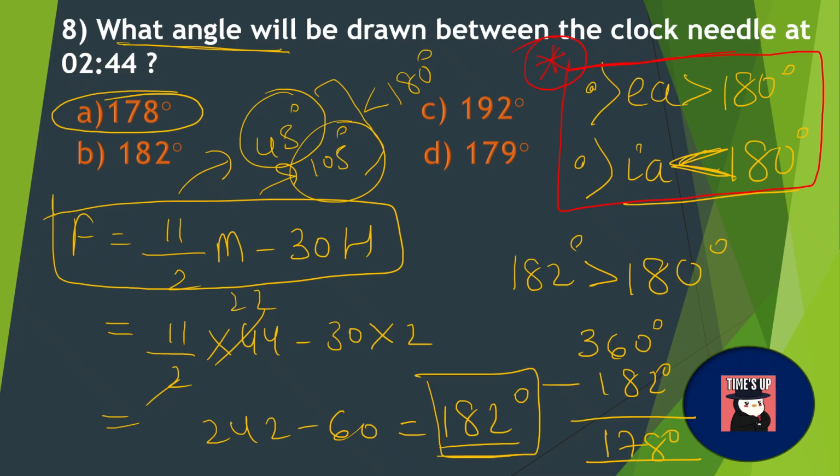If you remember external angle should be greater than 180 degree, whatever answer you're getting, if it is greater than 180 degree, then fine, that is the answer. But if you're not getting that, then you have to subtract it from 360 degree. Similarly, vice versa, you need to do for internal angle. That's it. So any one you can remember. Understanding?